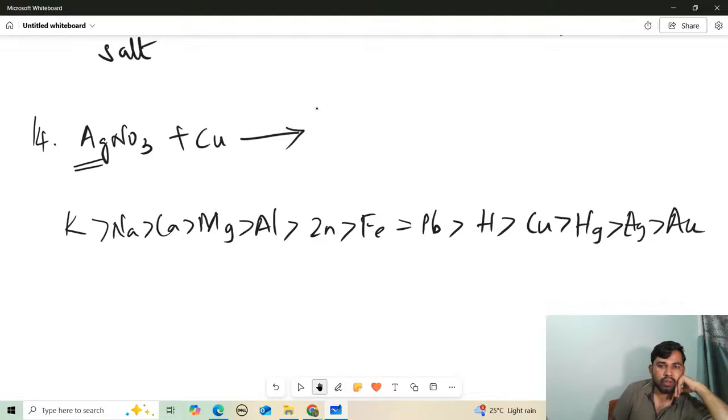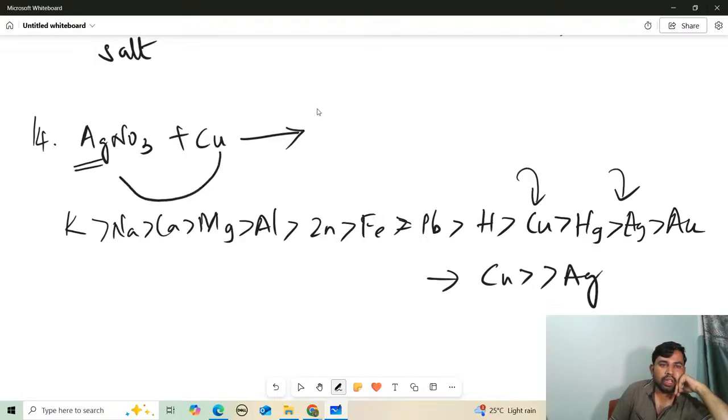This is what is given in the NCERT. You see here, here is copper and here is silver. Which is more reactive as per the series? Copper is more reactive than silver. That's why they use copper, so that copper can displace silver from the silver nitrate.